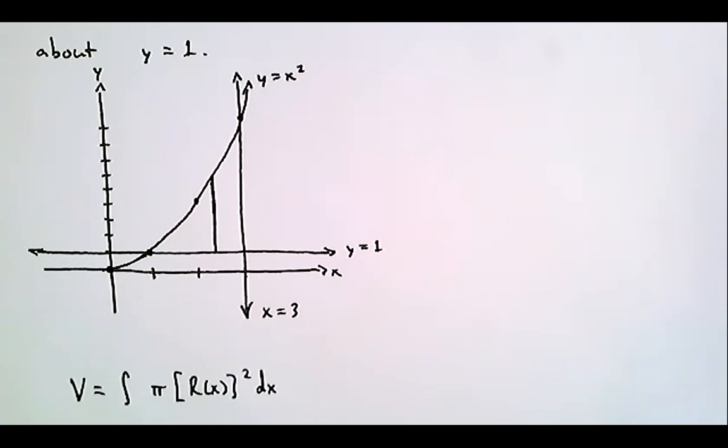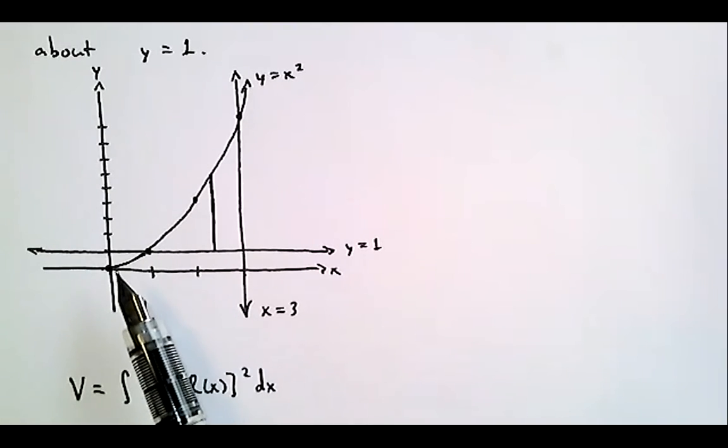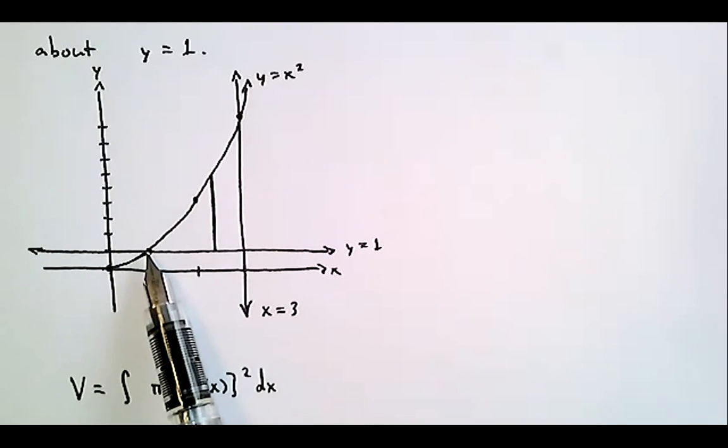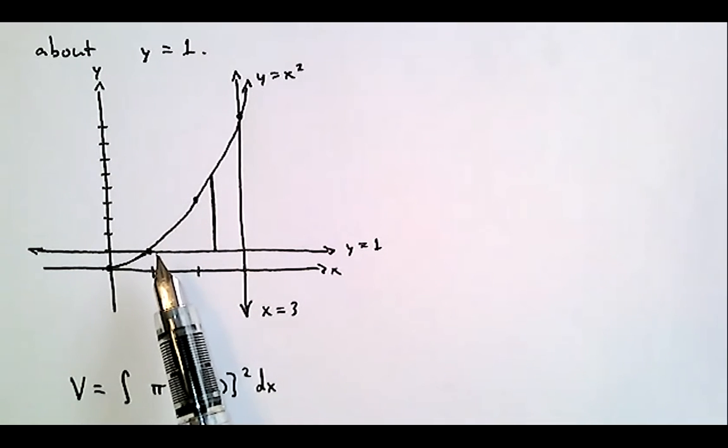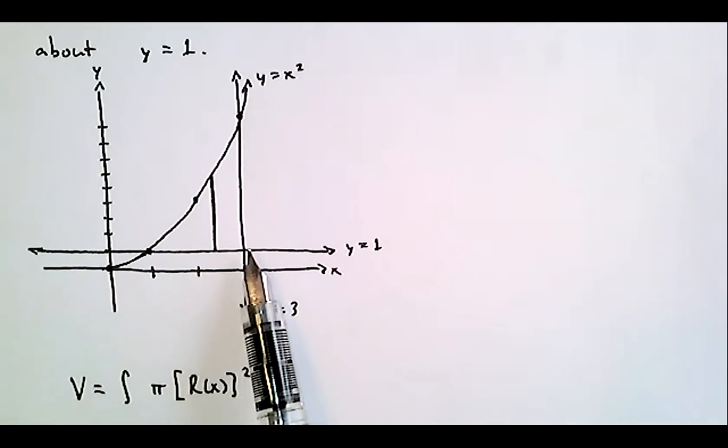One to three. Good. So we're not starting at 0 anymore. This intersection where this line runs into my parabola, that's here at x equals 1. And then we're going to run over to this other vertical line at x equals 3.